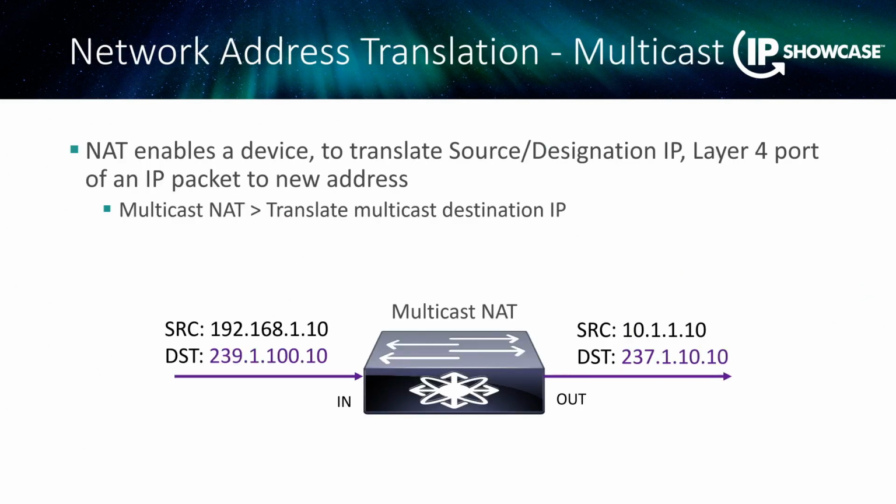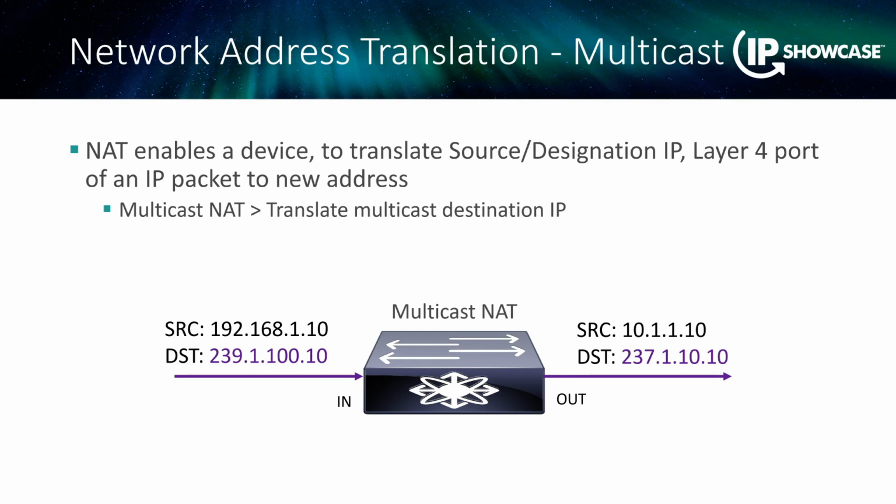So how do I do this? I do multicast NAT, multicast network address translation. How that works: I have a multicast NAT router. On the left side, I have a group which is 239.1.1.10, but that group already exists in my network, so I'll have something overlapping, which is an undesirable situation. So on the destination side, I'm able to translate that group to 237.1.10.10. This group is unique in my system, so I'll be able to transport it into my system.